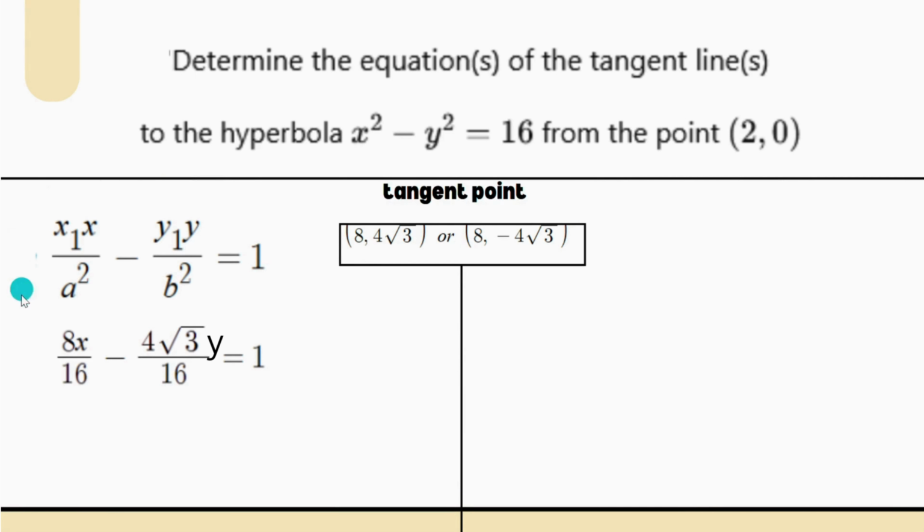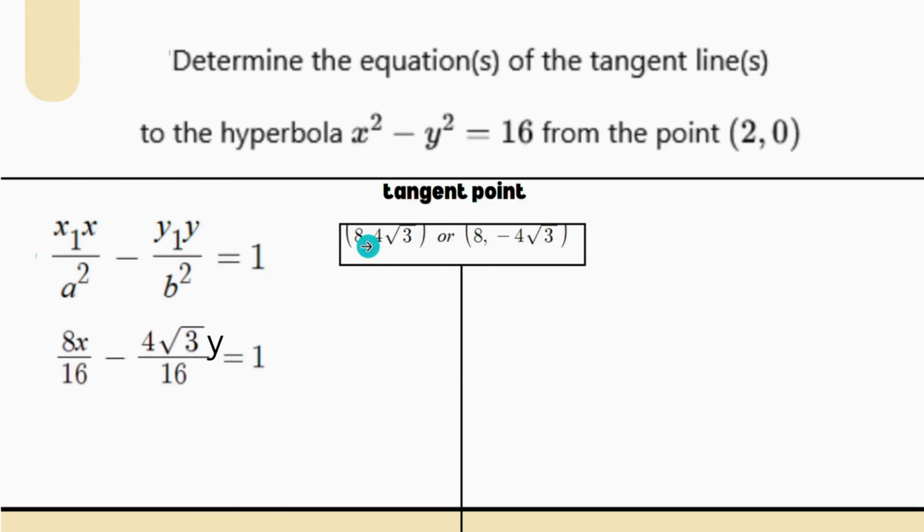We know the formula of the tangent line is x1 x over a squared minus y1 y over b squared equals 1. How? We just need to substitute the tangent point into the equation of the tangent line.